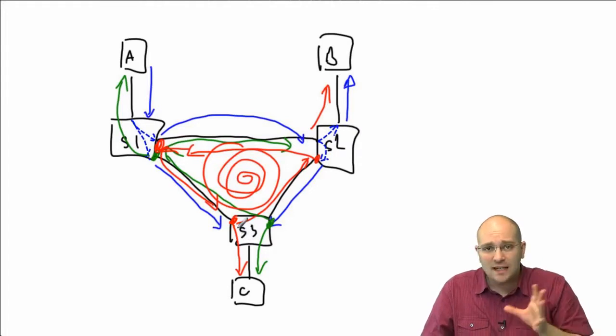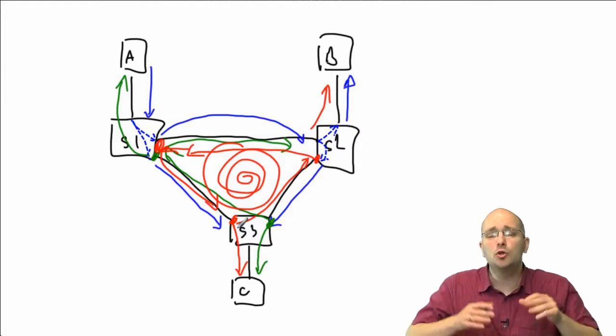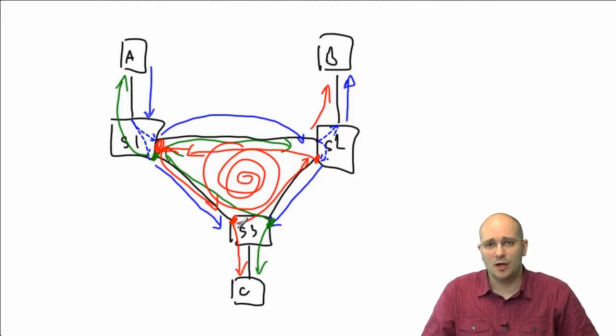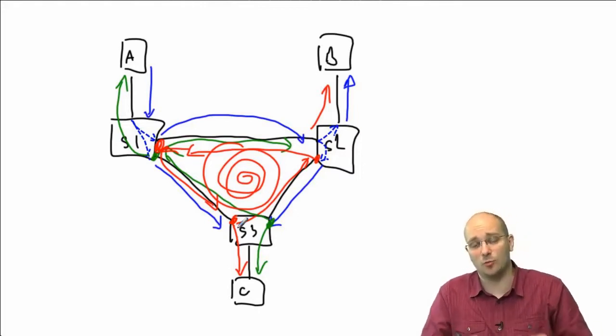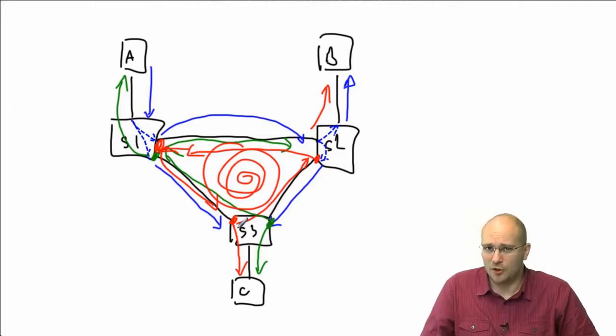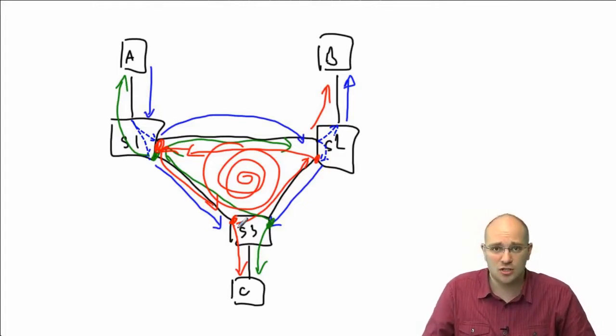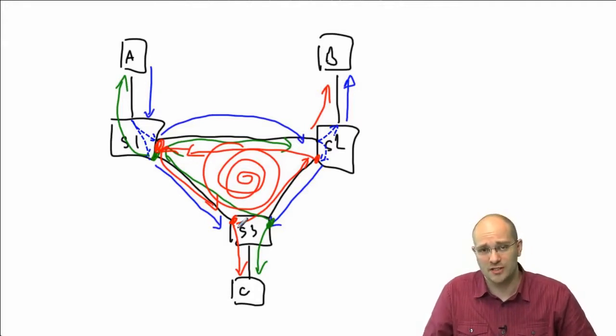Now, this in itself would not have been too much of a problem if we had a concept of, let's say, time to live on layer 2, like a field in our frame that would decrement every time it went through a switch. But remember that switches are transparent devices. They're not going to change the frames in any way when they are traveling through the switches, which means that we don't have such a field.